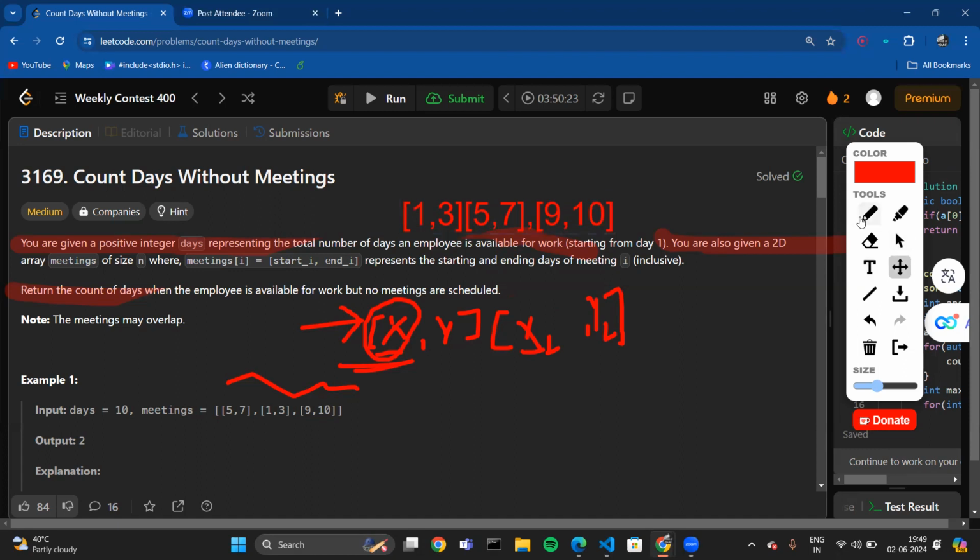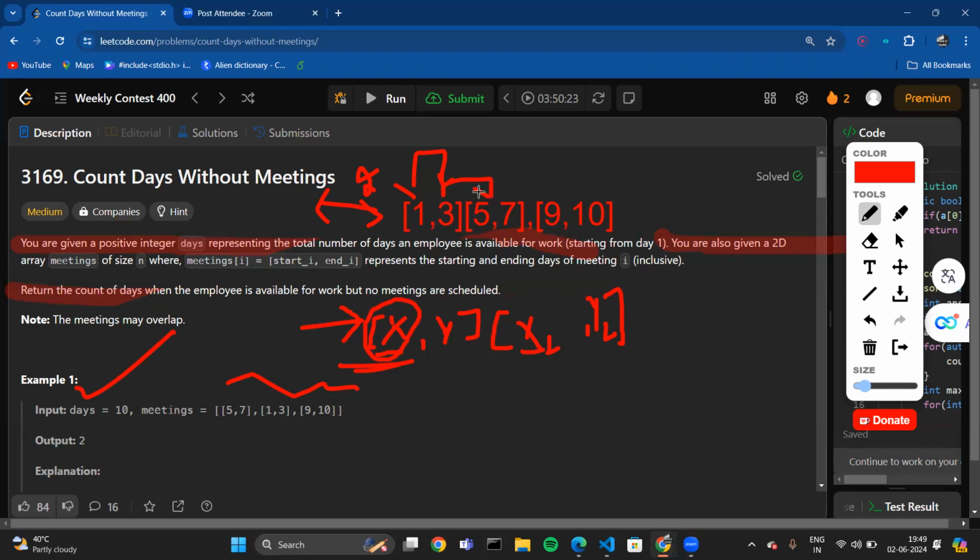Now after sorting, I am sure that days 1, 2, 3 are done. Since this started at 1, there is no prior gap to add. For instance, if this was 2, then the gap of day 1 would also need to be added to my answer. So 1, 2, 3 is clear.